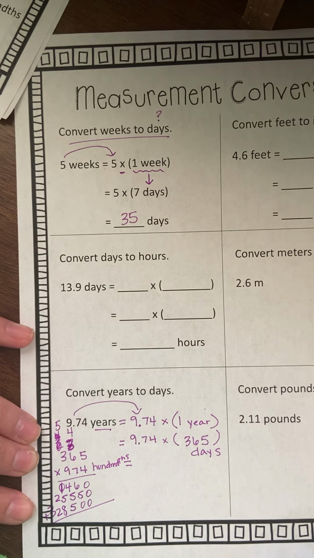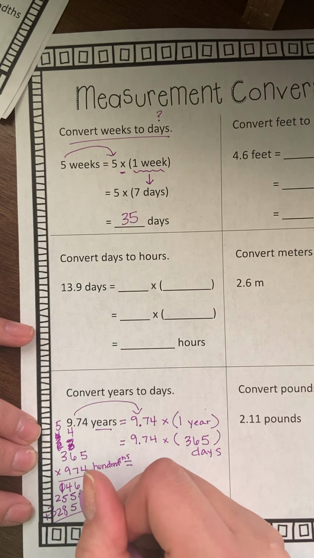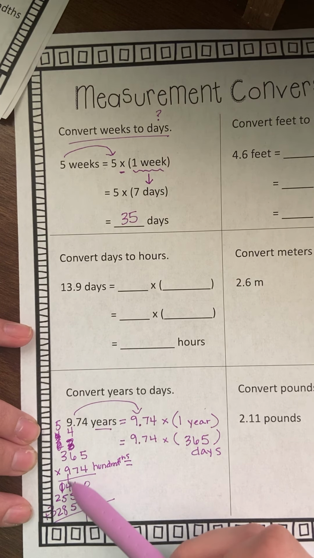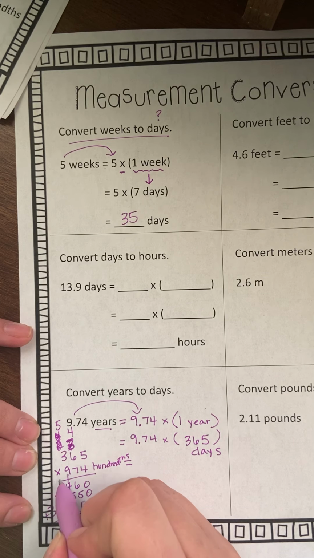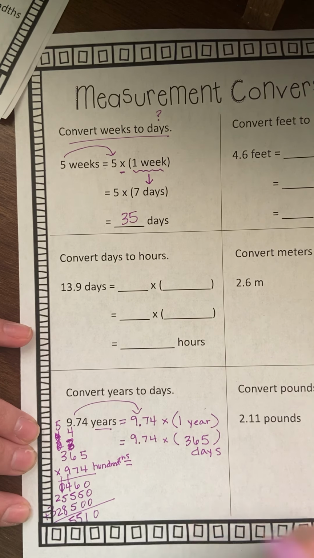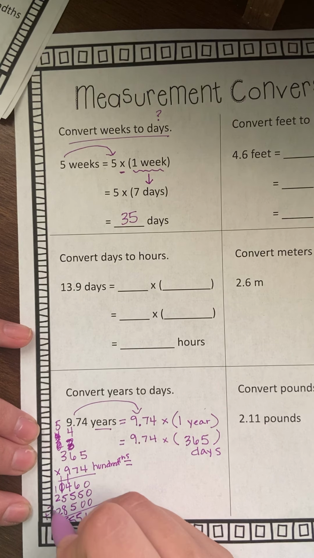I hope you can see this okay. 0 plus 0 plus 0 is 0. 6 plus 5 is 11. 5, 10, 15. Let's see, I have 1, 2 plus 5 is 7. And 7 plus 8 will give me 15. 2 plus 2 plus 1 is 5.